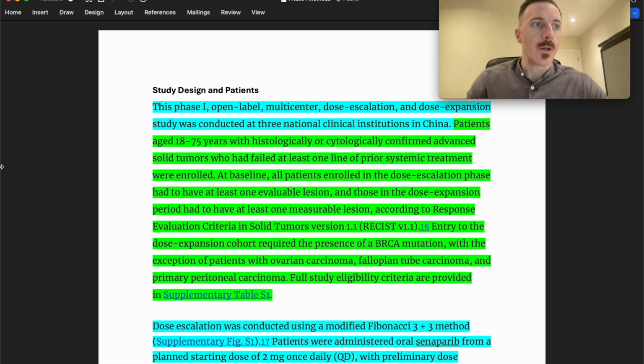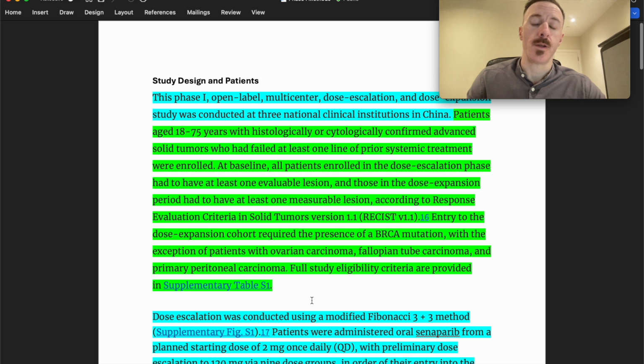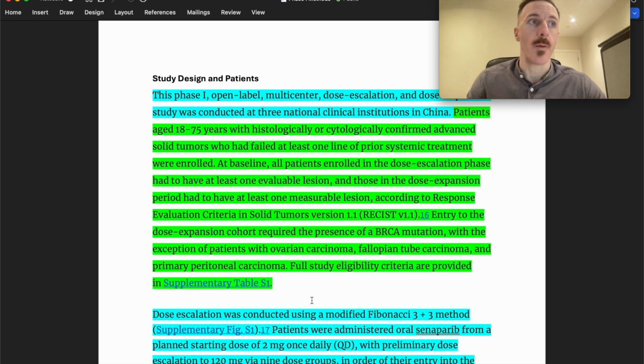With respect to the patient eligibility here, the authors have quite a short summary, and that's okay because we have a supplemental file referred to here where this information is reported in more detail. Eligibility criteria can be quite extensive, and this can influence the word count of your paper. So if you can include some of this information as a supplementary file, definitely do so.